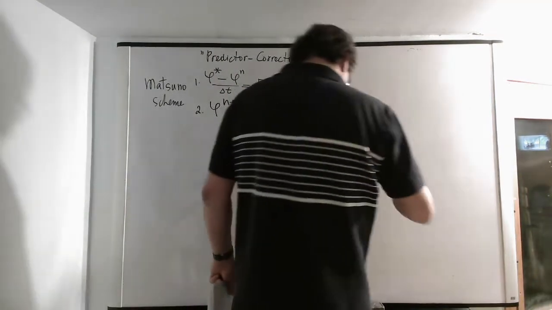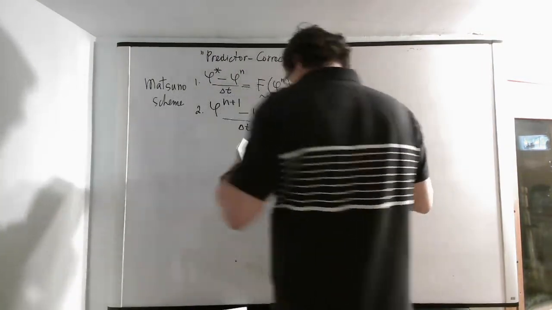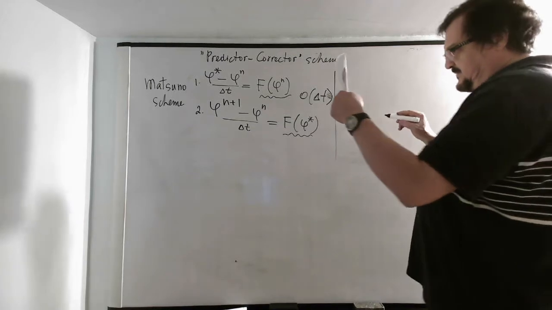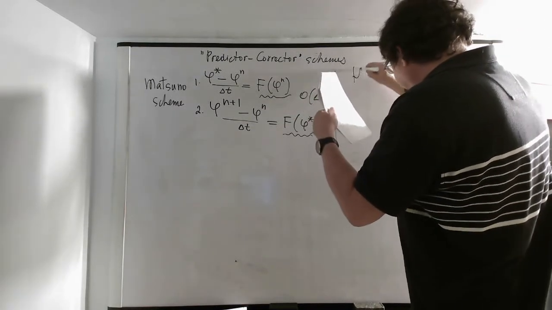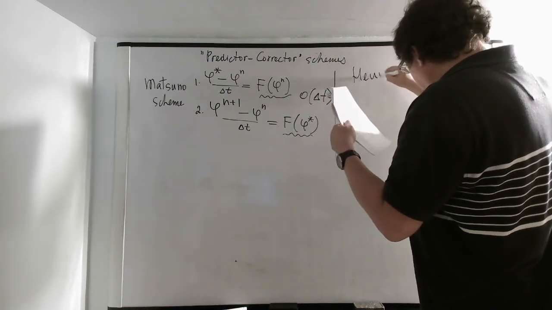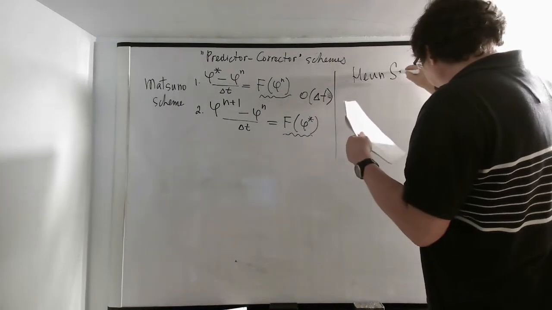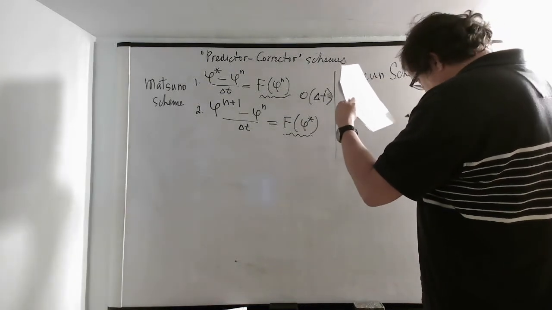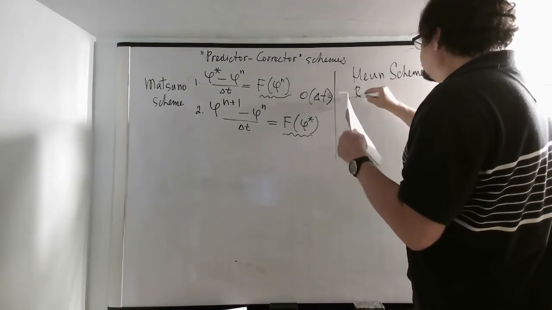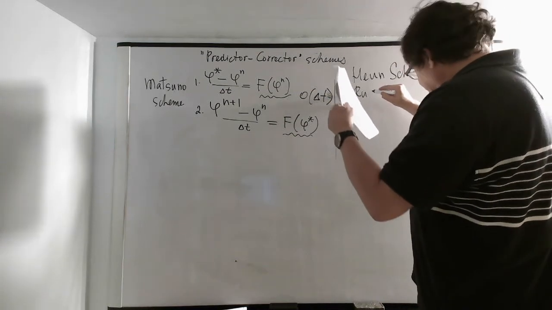Okay, next, another scheme is the so-called Heun scheme. I don't know how to correctly pronounce it. Or also Runge Kutta, second order.